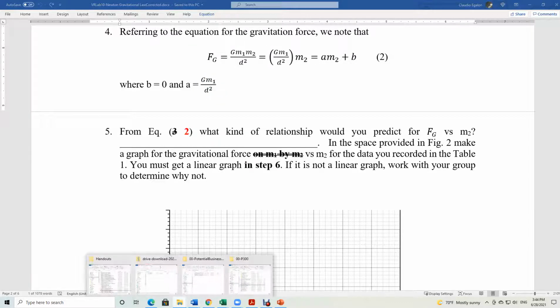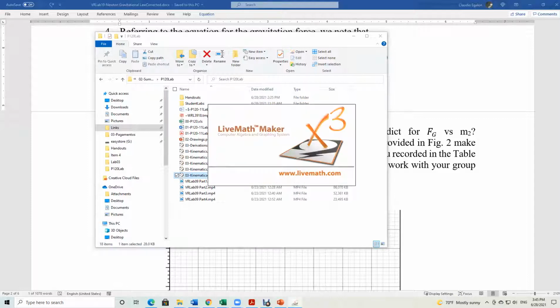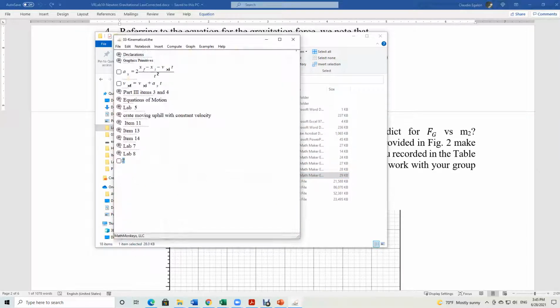Let's do the calculation together. I will get that here. I'm going to use my favorite software, Live Math Maker. Here you go. That's lab 10.